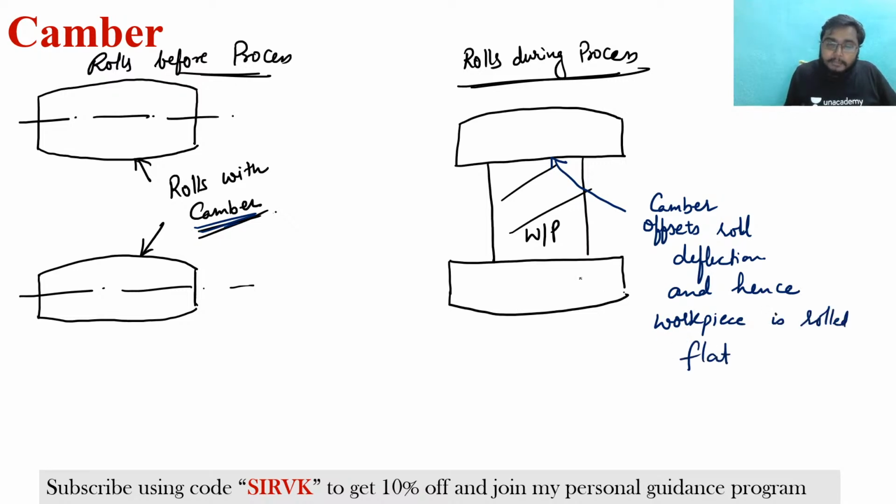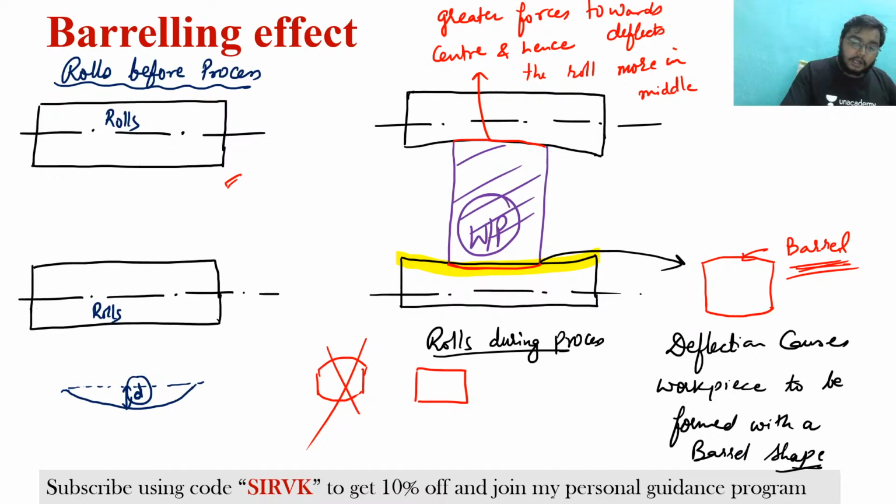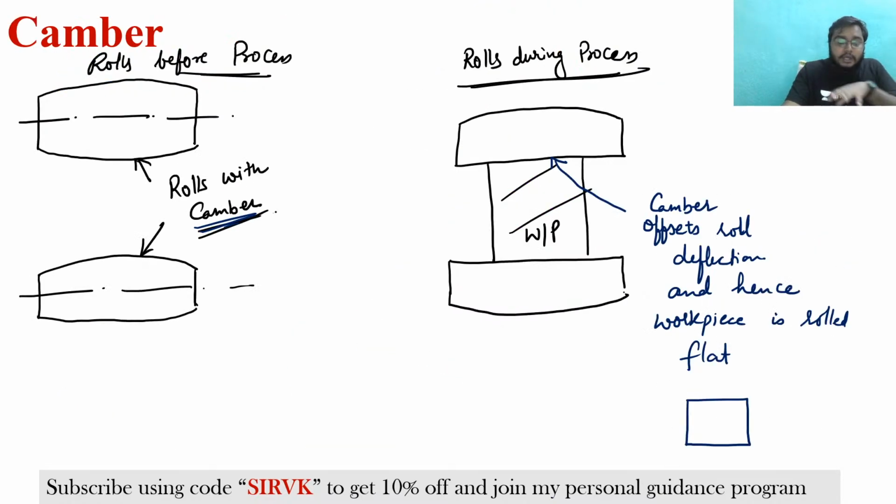So now you are getting a flat workpiece. Earlier you were getting this kind of barrel-shaped workpiece. Fine. So this is the discussion of camber allowance.